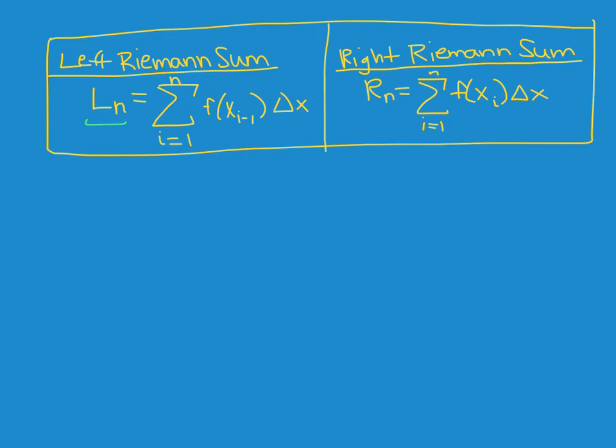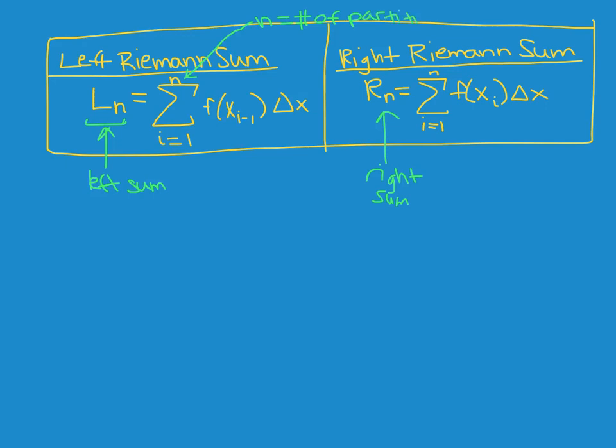So this thing L sub n, you might be able to guess that L stands for left. So L sub n means your left sum. R is going to be the right Riemann sum. I'm not writing out the word Riemann just because it's long, but you can write that in there. So n is going to be the number of partitions, or in this case, rectangles.